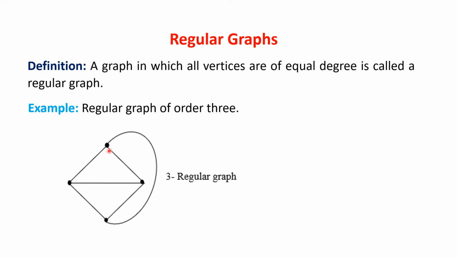Here also 3 edges incident. Here also 3 edges incident. So all the vertices have the same degree 3, so this graph is called a 3-regular graph.